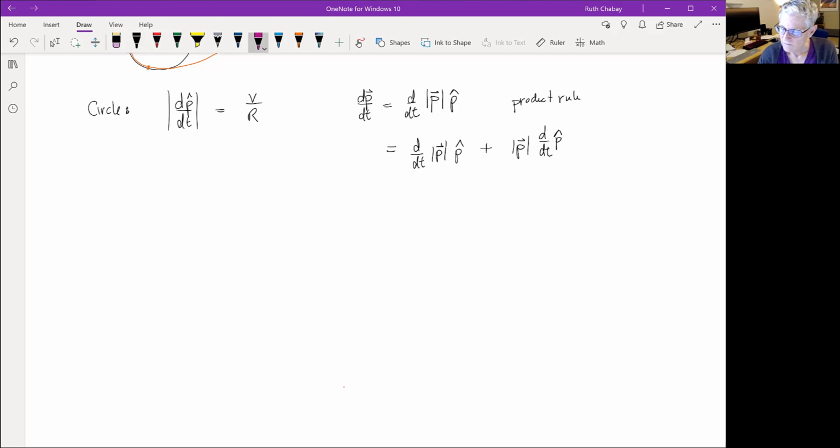Well, that's interesting because this is the vector piece, and this is a scalar because it's the rate of change of a scalar. So this is the piece in the direction of p hat. And so this is the piece of dp/dt that's actually parallel or anti-parallel to the momentum.